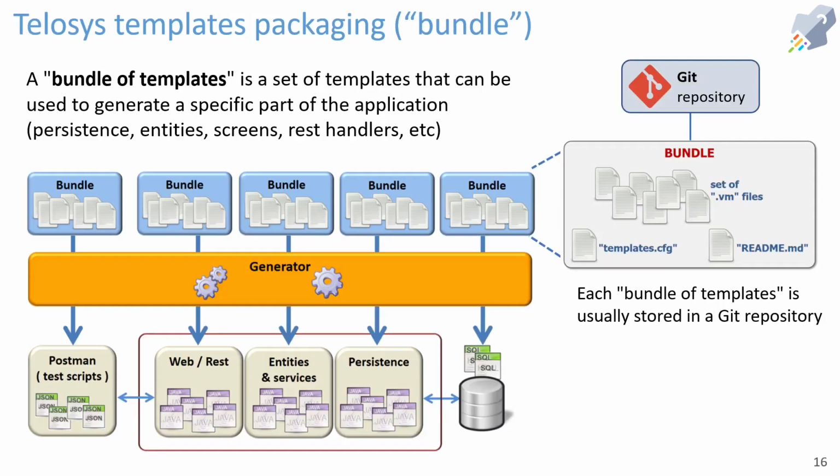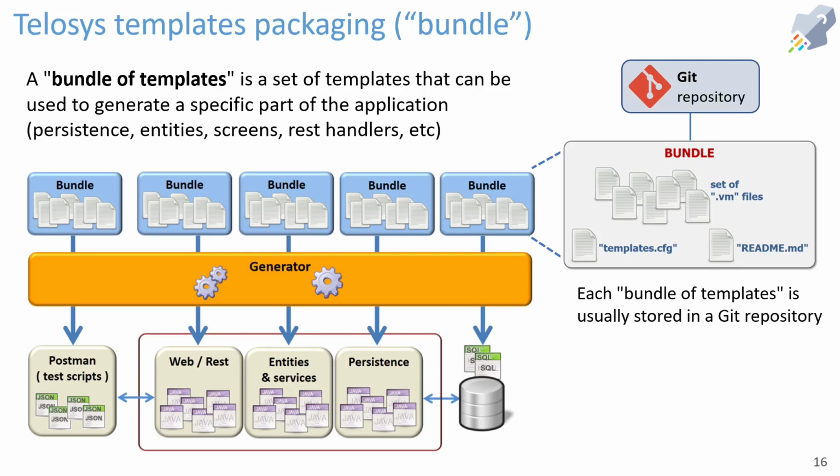In a real project, after a while, you have to manage multiple templates to cover the different parts of the project. So to facilitate the management of templates, they are organized in bundles. Usually, a bundle contains a set of templates dedicated to generate a specific part of the application.